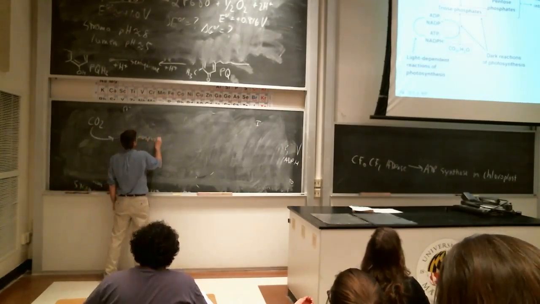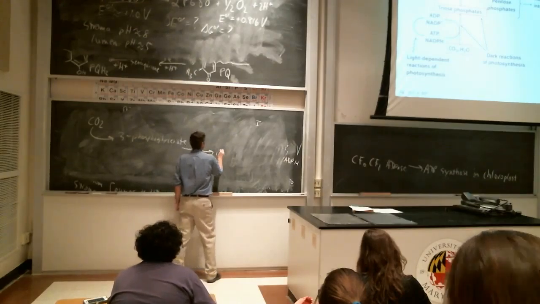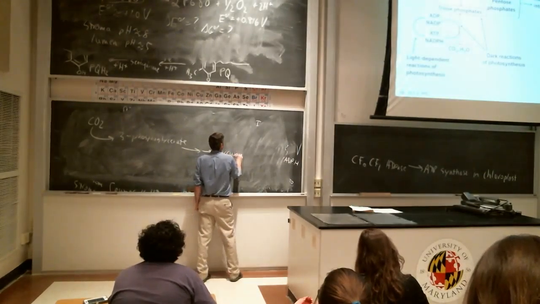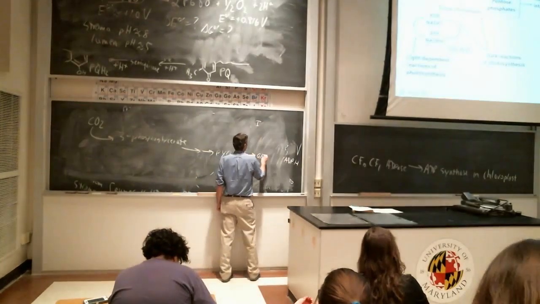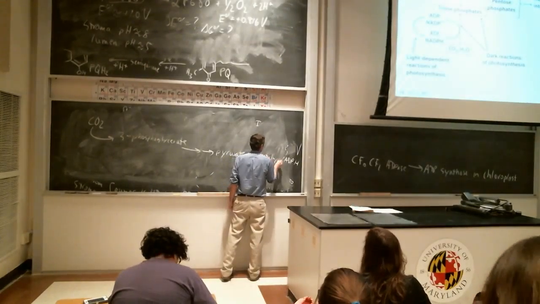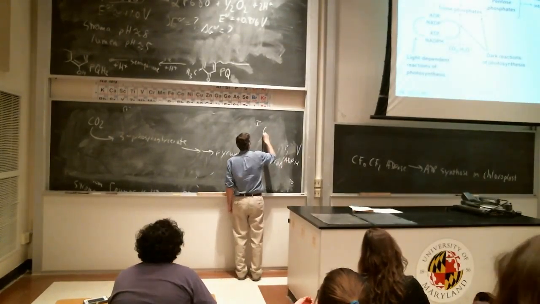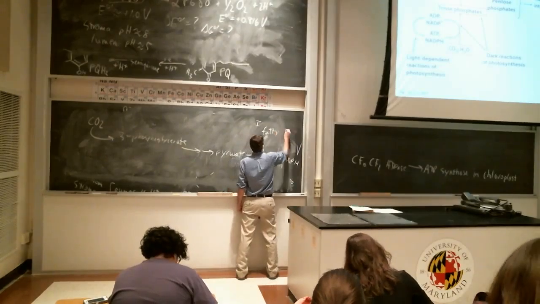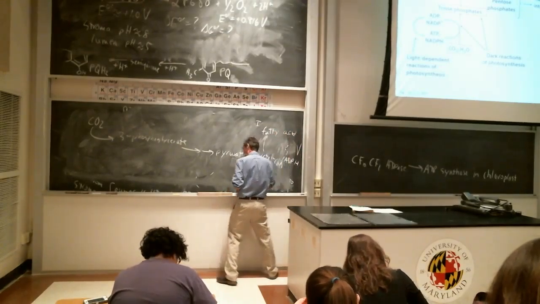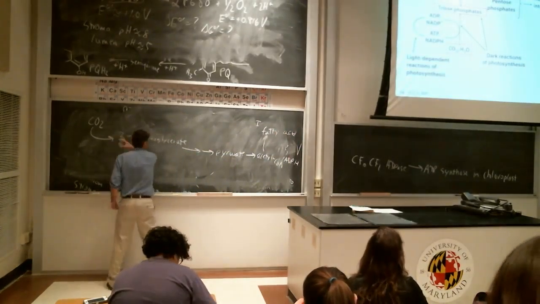And then to make lipid, to make fatty acids, for example, this is broken down to pyruvate and then to acetyl-CoA. And then that acetyl-CoA can be used to make fatty acids. But again, the carbon atoms in the fatty acids originated as CO2.